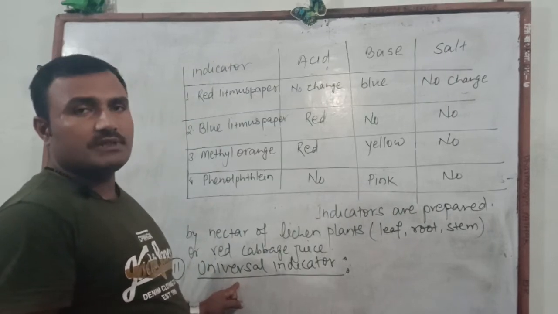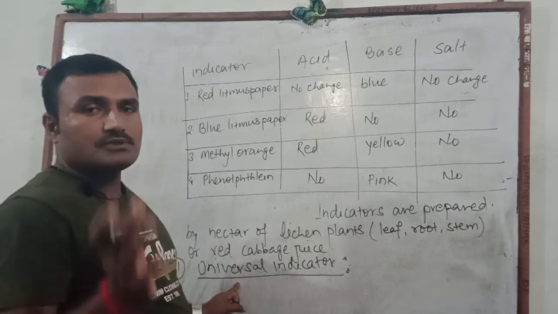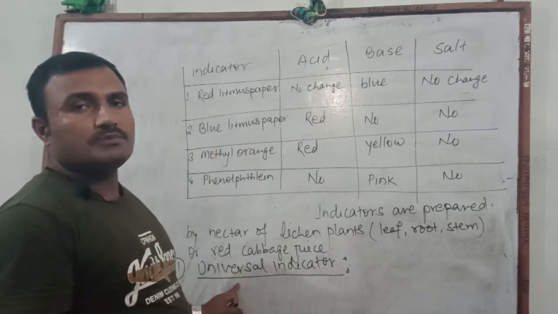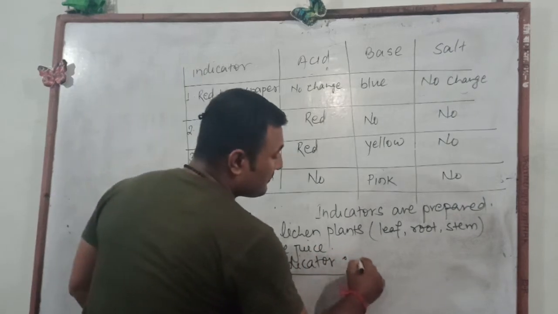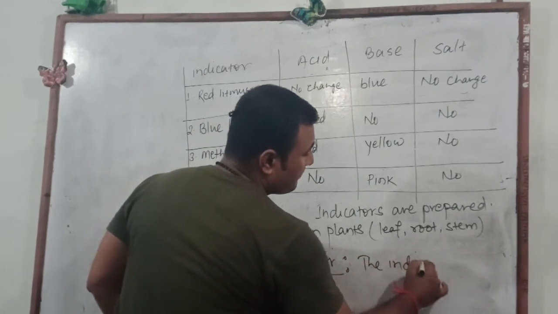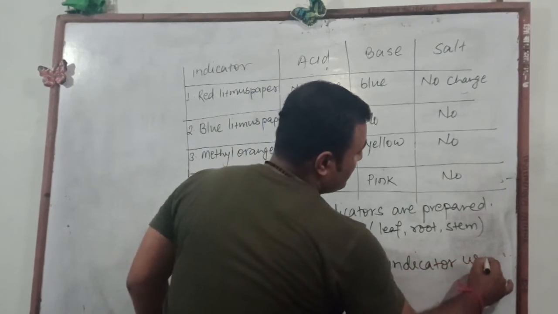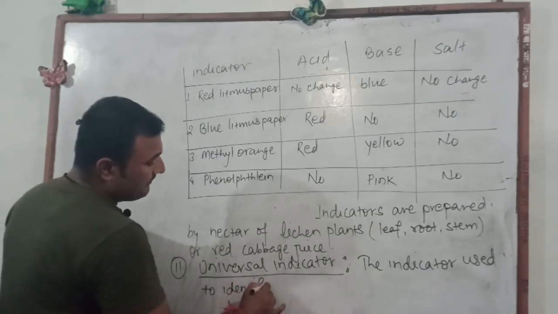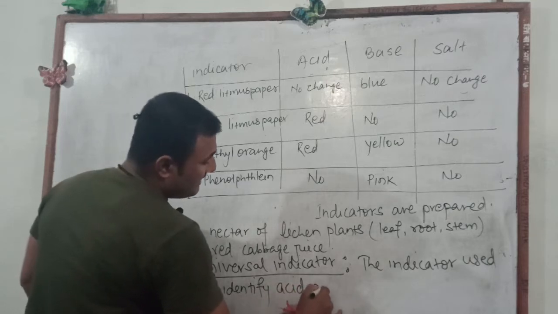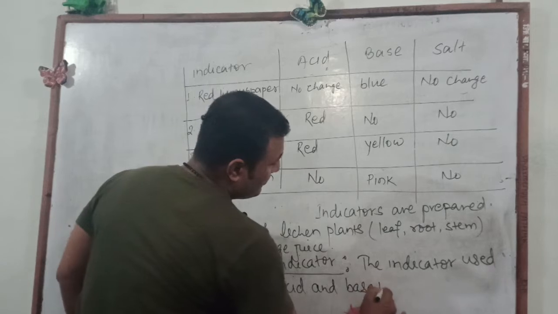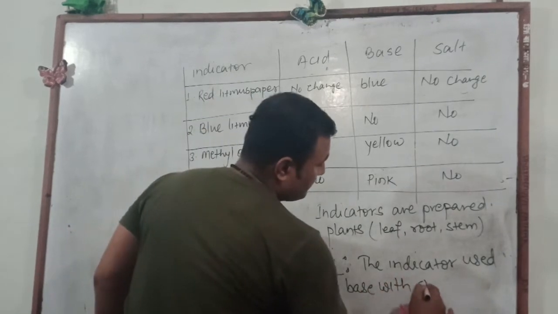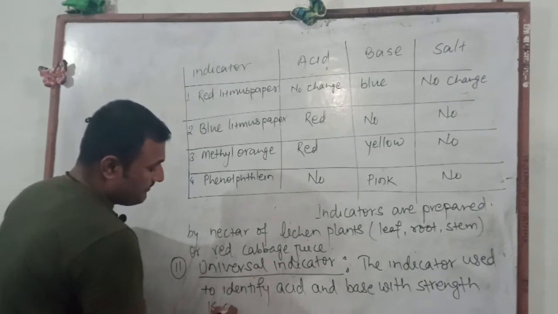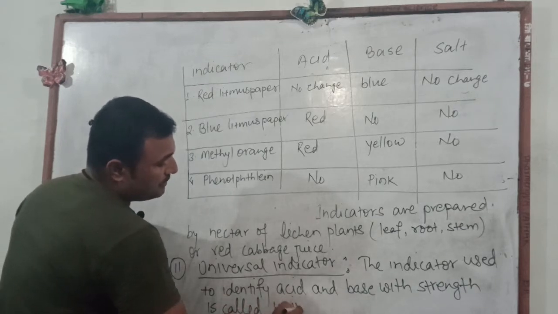Universal indicator वा सूचक पदार्थले एसिड र बेस पत्ता लगाउँछ र सँगसँगै त्यसको सामर्थ्य कति हो, स्ट्रेंथ कति हो, कडा हो कि नरम, त्यो पनि पत्ता लगाउन सहयोग गर्छ. And we write: the indicator used to identify acid and base with strength is called universal indicator.